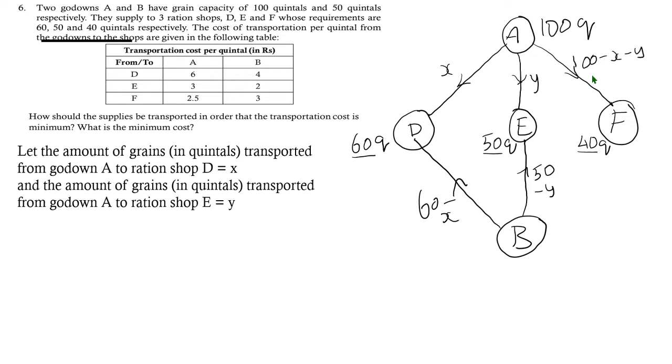Already it is getting 100 minus X minus Y quintals from A. So the remaining it will get from B. That is 40 minus of 100 minus X minus Y. So this becomes plus, so it becomes X plus Y minus 60. I hope this is clear. We are given the capacity for B is 50 quintals.